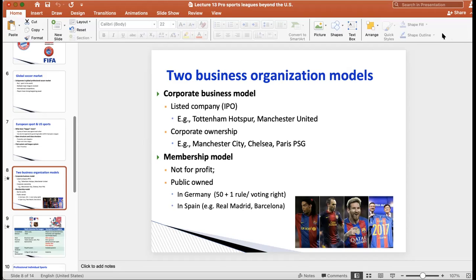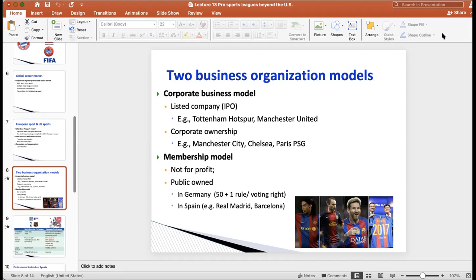The 50 plus 1 rule means that in the past, all those clubs in Germany needed to be owned by public organizations, right? The 50 plus 1 rule has existed since the 1980s, and since the 1990s they passed a law allowing private investors to put their money into these professional soccer clubs in Germany, right?